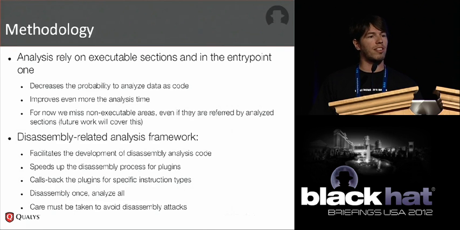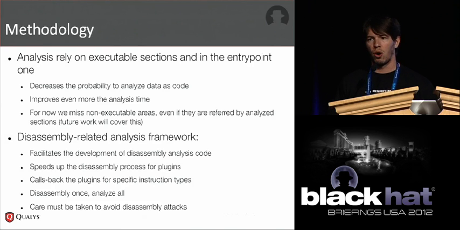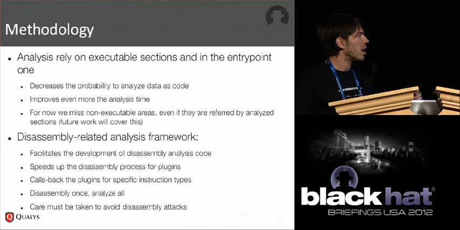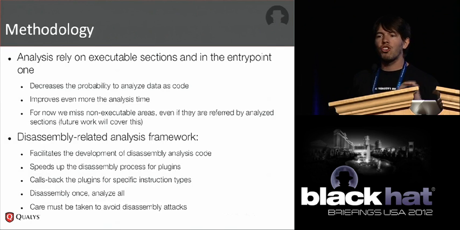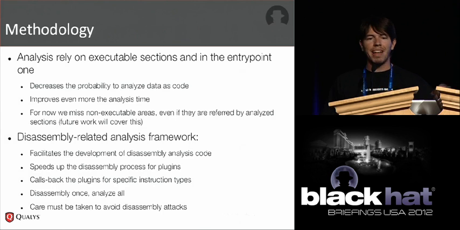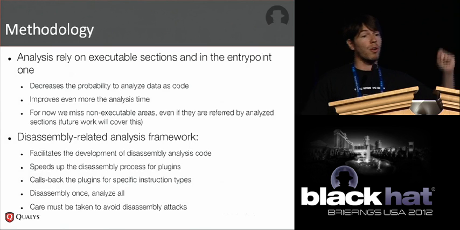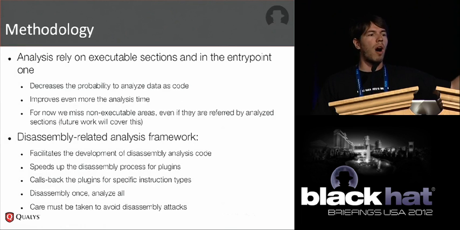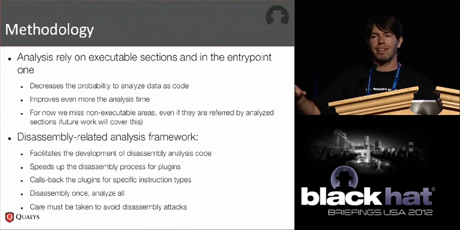We are not analyzing them. That's one limitation of the research right now, but we're going to cover it soon. It was just a matter of collecting all the data that we wanted to show in time. So keep in mind that when we show the results, the numbers of detections will probably grow in time, because when we start to really look into all the other sections that we are not looking at right now, the samples where we don't detect anything will probably start showing something as well, okay?